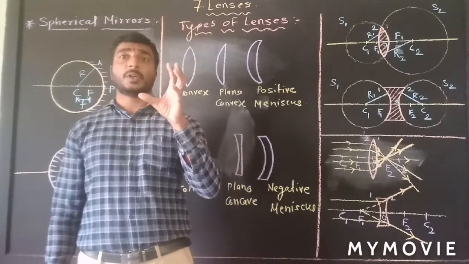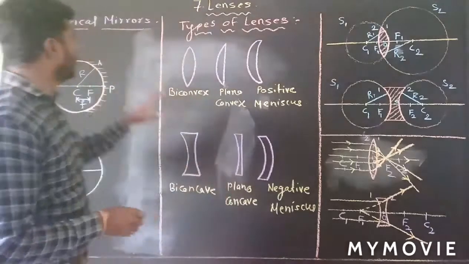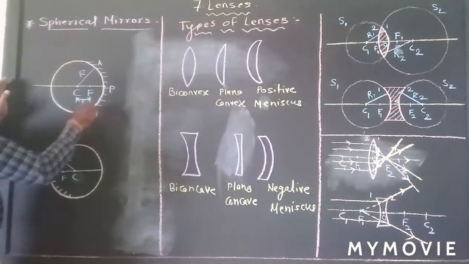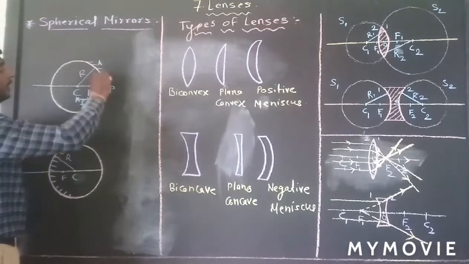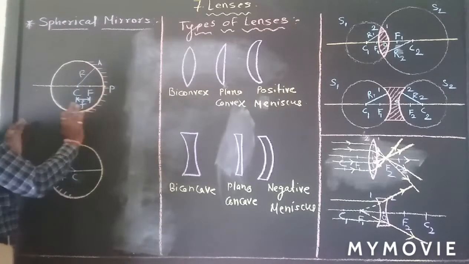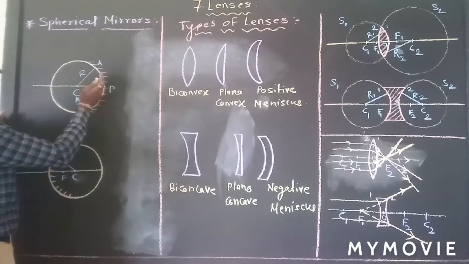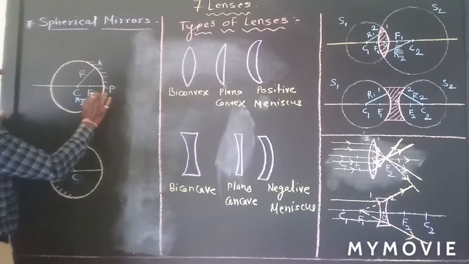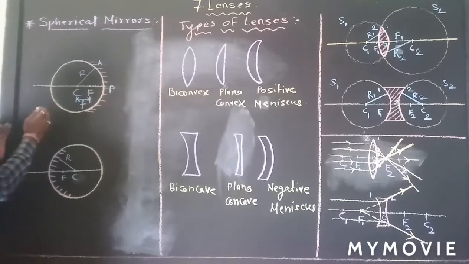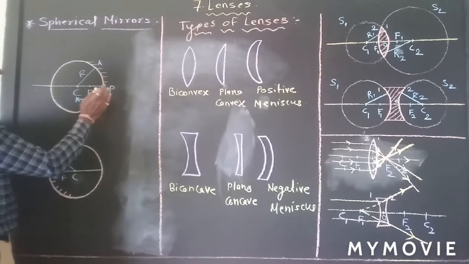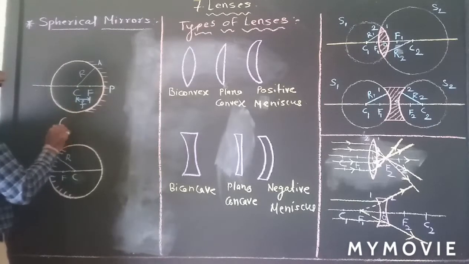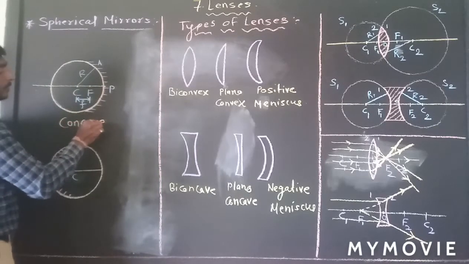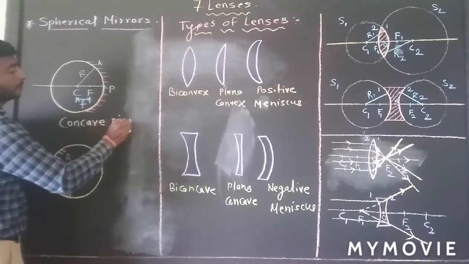If we cut that ball into a portion in this manner, here you get one arc, and the surface of the arc is formed in this manner. If we keep the inner part of the surface of the sphere as the reflecting surface, then it is called a concave mirror.